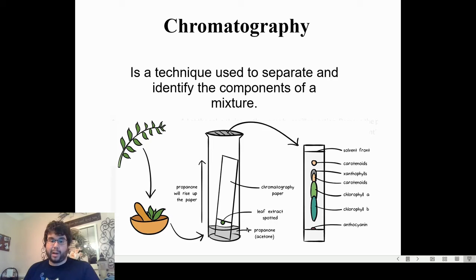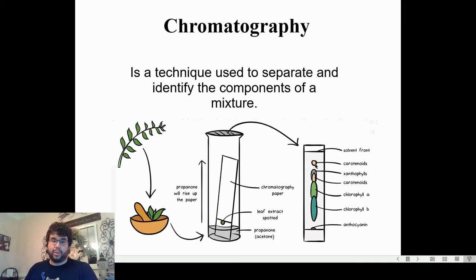So at the very bottom here is propanone, otherwise known as acetone, and what happens is this piece of paper soaks up the acetone, and the acetone runs through the sample here. Based on how strongly these different molecules interact with the acetone molecule, if they're polar or non-polar with it, and if they're pulled along with it or not, it gets separated into these individual components.